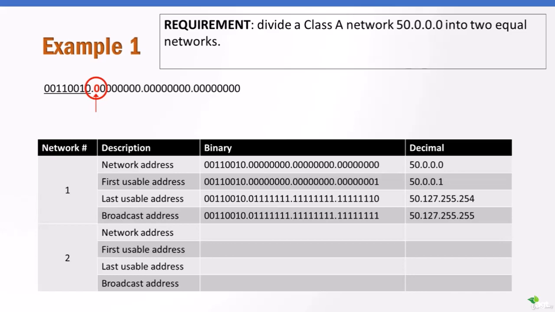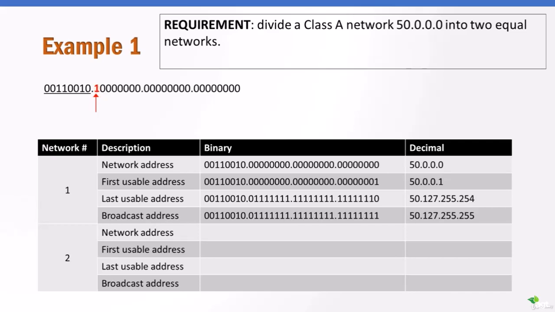Actually, this bit could be called the subnet portion. So in this example, we actually have 3 portions. We have the network portion, the subnet portion, and the host portion. So this subnet bit is 0 for the first network and is going to be 1 for the second network.